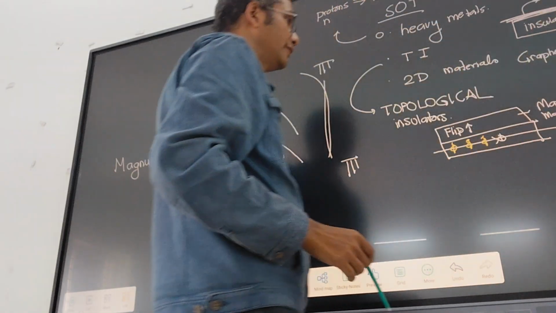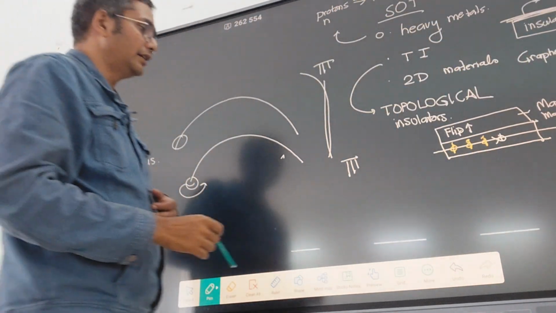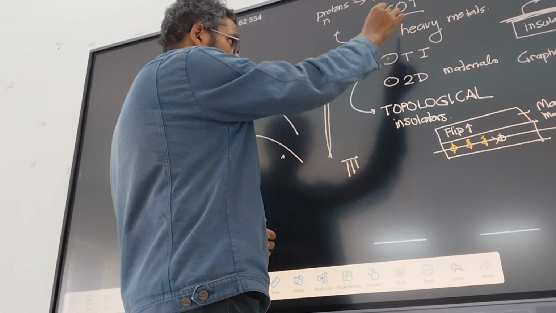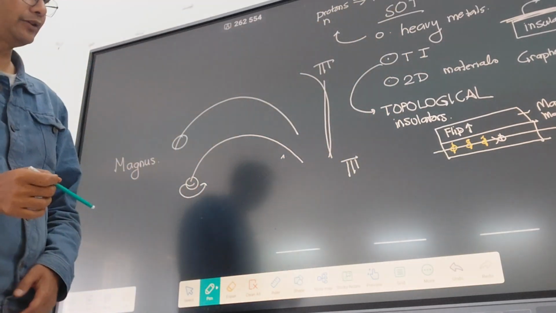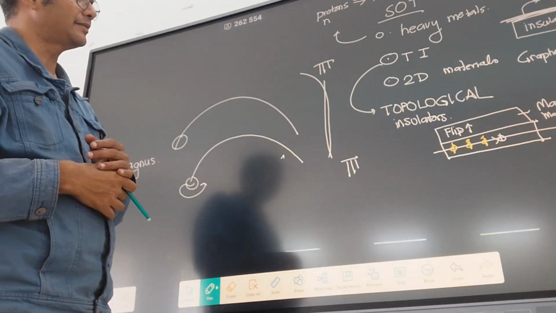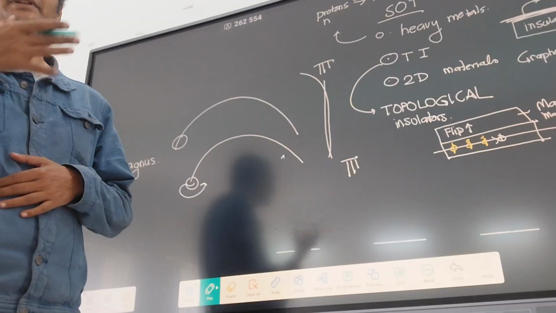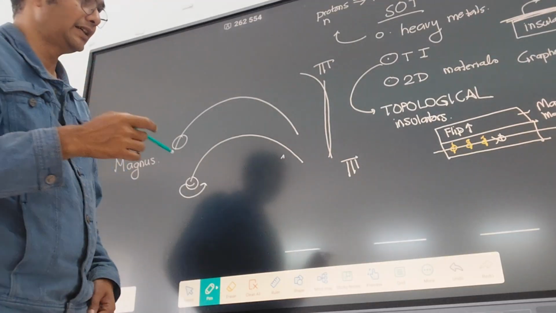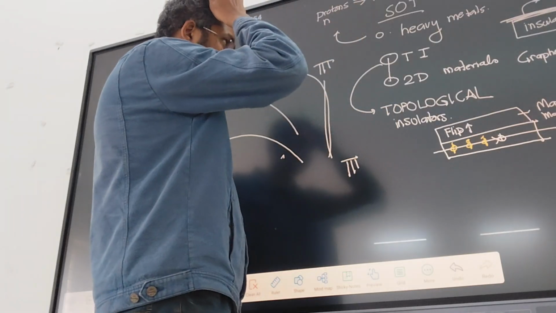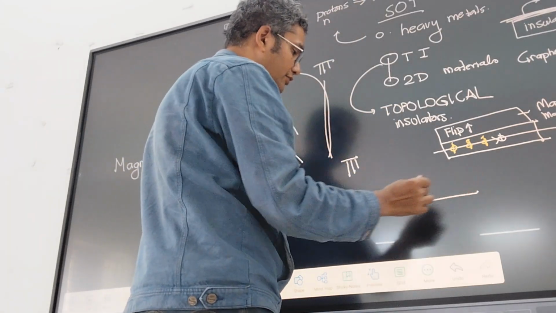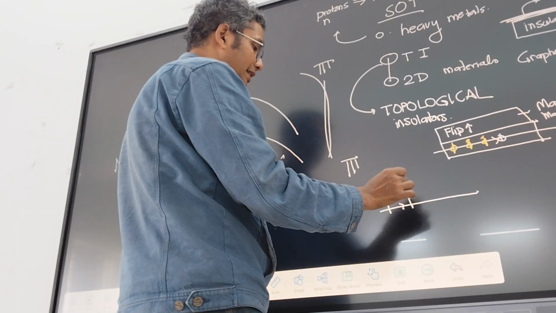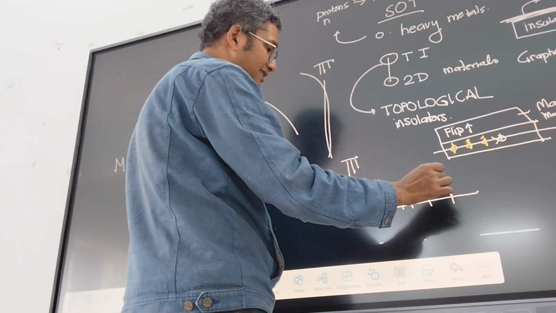So what is the advantage of these materials? Why are these two advantageous compared to heavy metals? In heavy metals, if I have a certain number of electrons, there is some chance that not all of them will have the spin in the required direction. But in topological insulators and 2D materials, all the electrons that are flowing have a certain direction of spin, because there is nothing below.